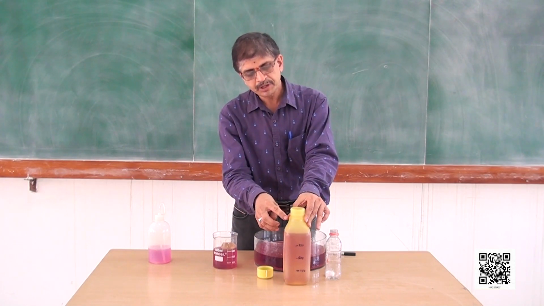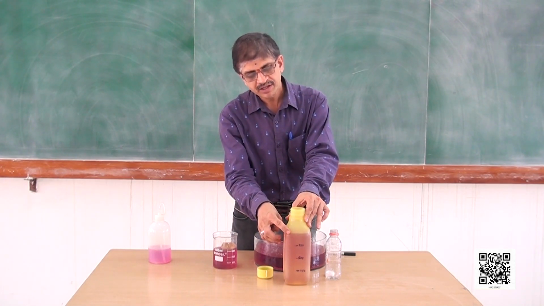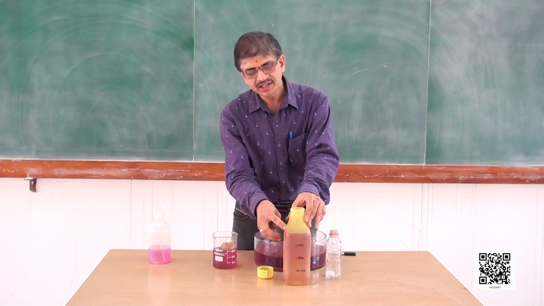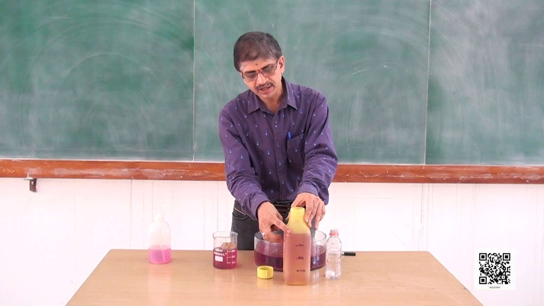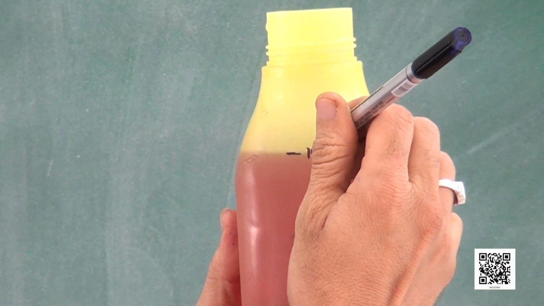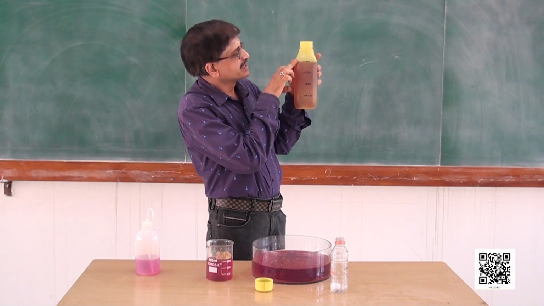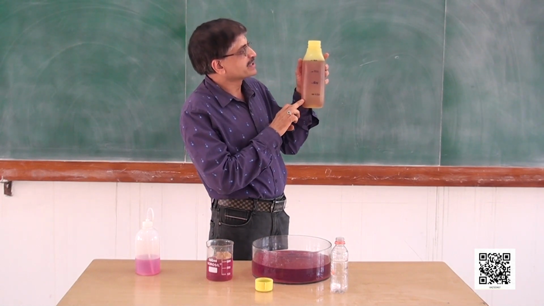Children, can you please tell me how much water we have poured so far? Good, 1000 milliliters. We now write 1000 milliliters on this bottle. Children, this is a 1 liter measuring bottle.